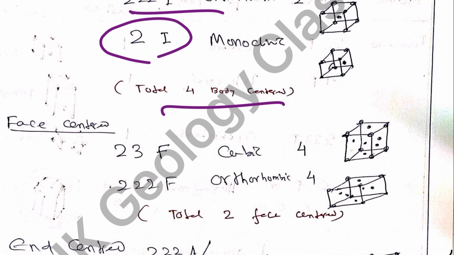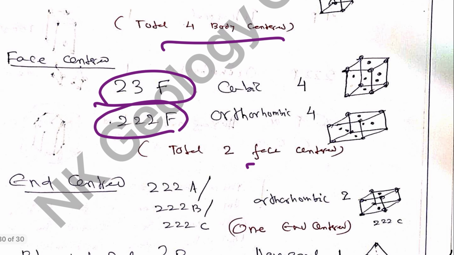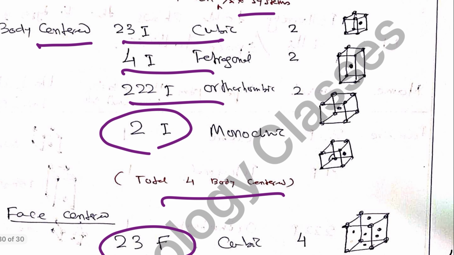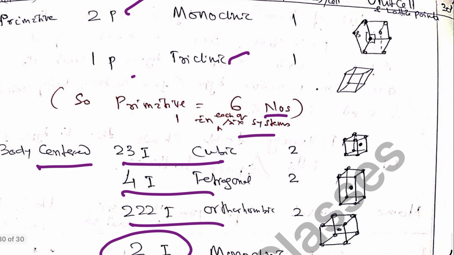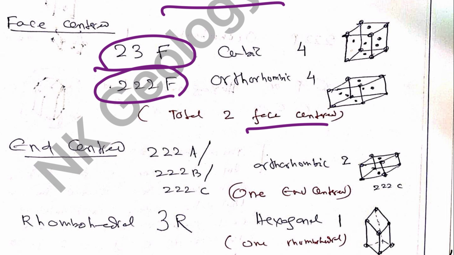If we take the face centered, it is only in cubic 23f, and there is another face centered lattice, that is 222f in the orthorhombic system. So total 2 face centered lattices. So if we take end centered, it is there in orthorhombic.